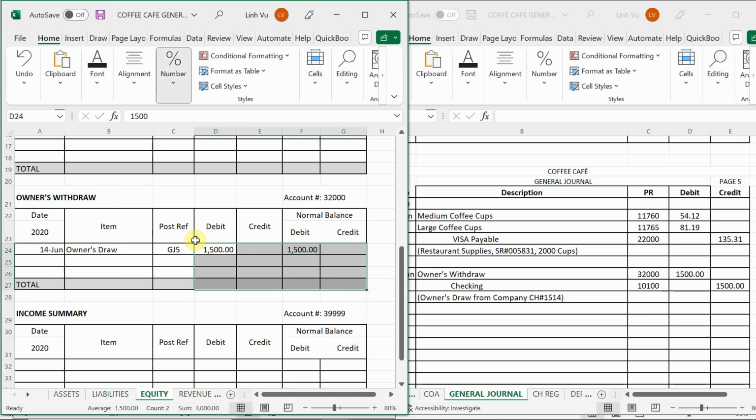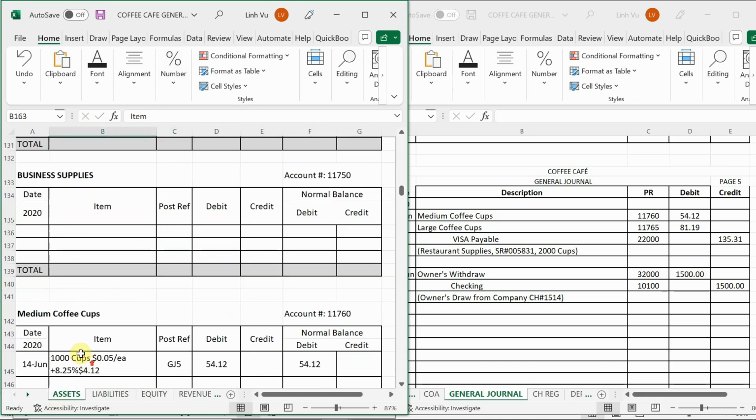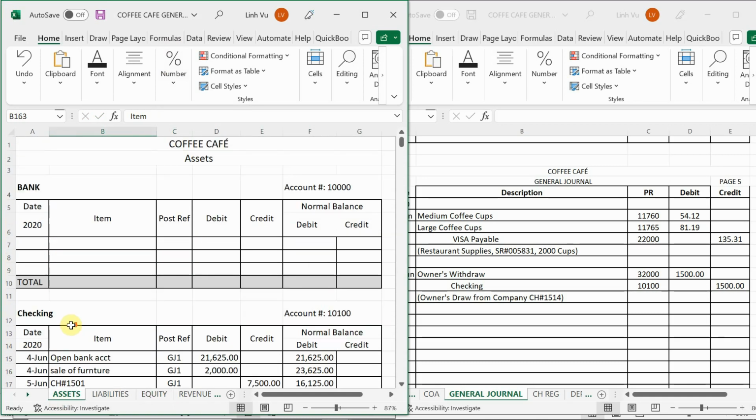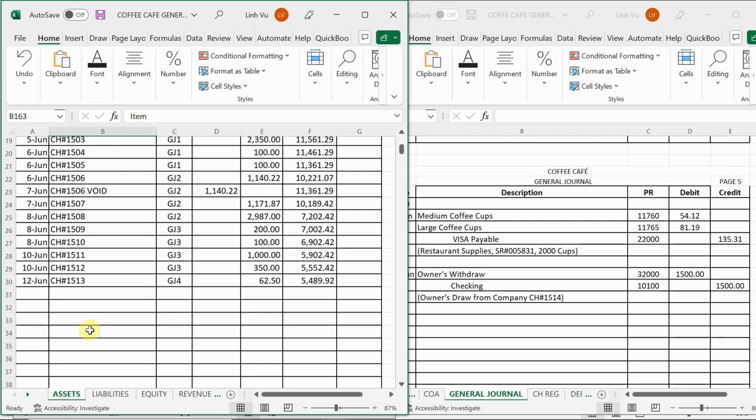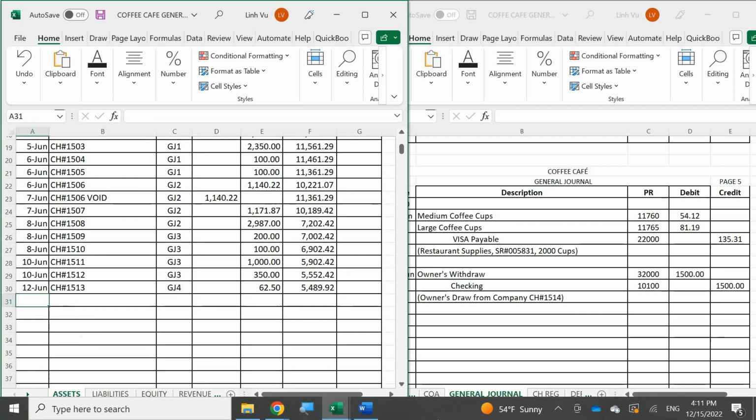And you're going to need to update the checking account because the money is being withdrawn directly from the checking account, right?